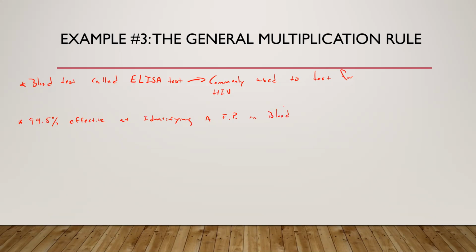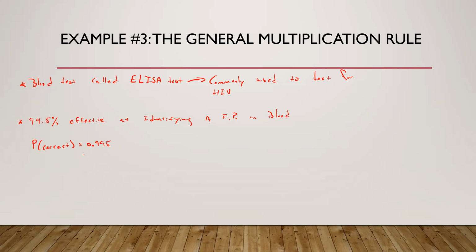Any foreign pathogen, it's 99.5% effective. So what that means is if you take the test, the probability the test comes back correct is 0.995. Okay, is that a pretty good test? That high probability?